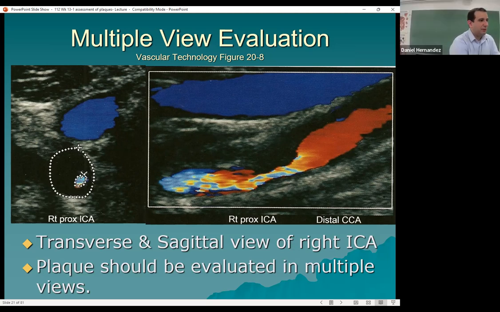That's why multiple view evaluation is important when we're looking at these plaques and these stenoses. Particularly if you have any areas of high grade stenosis, or if your Doppler measurements are borderline or on the cusp, it's always good to try and image these things in multiple planes.